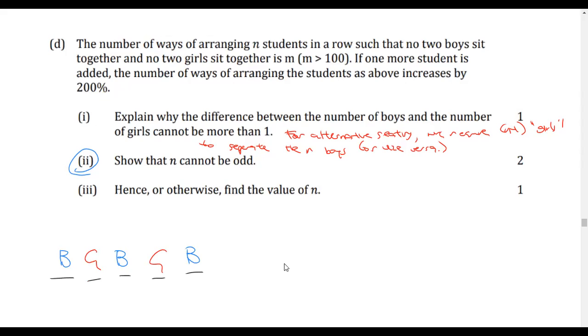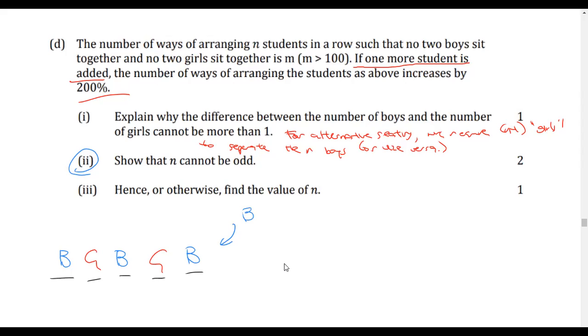But we're trying to show that it can't be odd, which really means you need to consider the next sentence. If 1 more student is added, the number of ways of arranging goes up, which means it's still possible. So if you have an odd one, I think it's quite clear to us, based on what we said in part 1, that we can't add another boy.